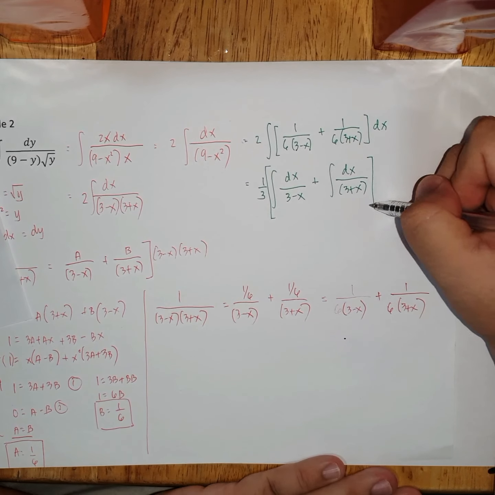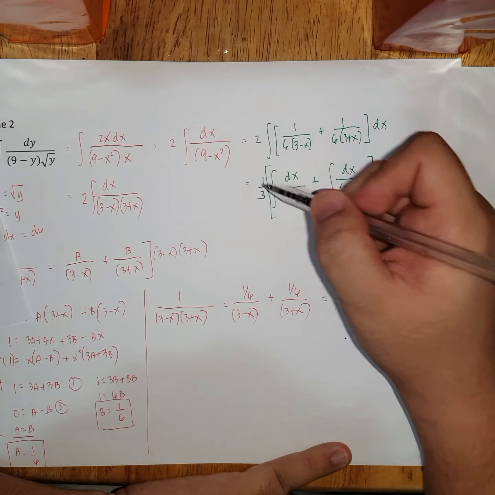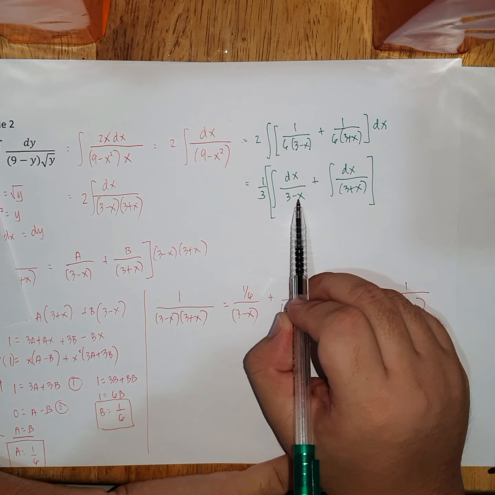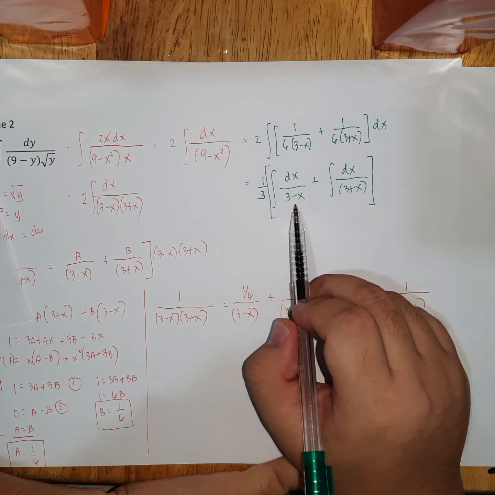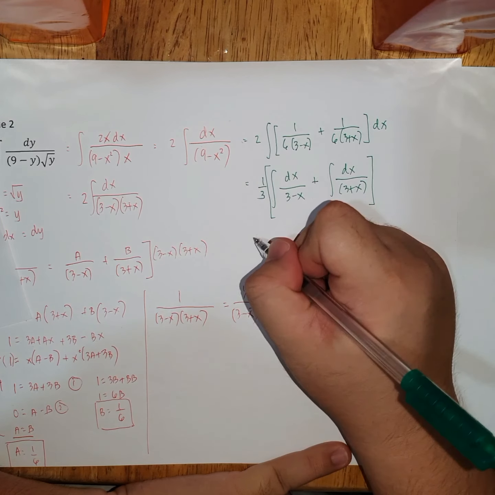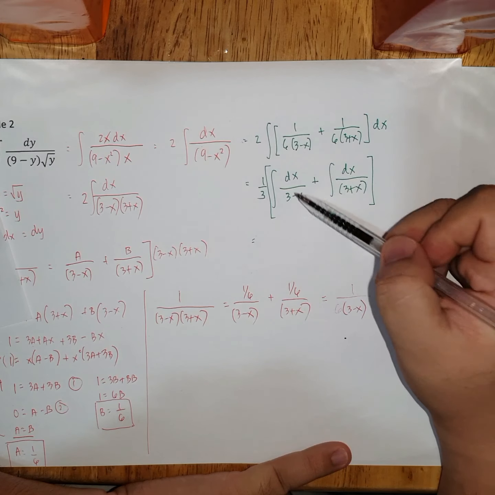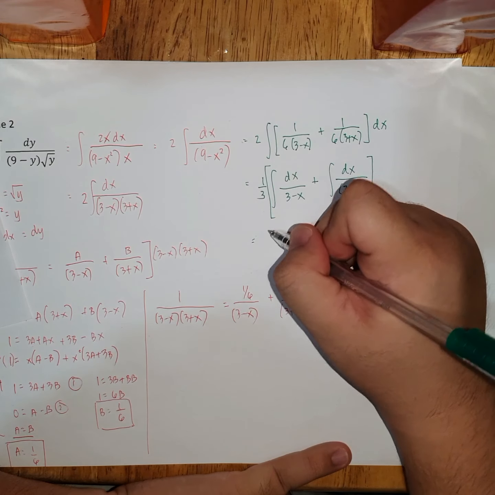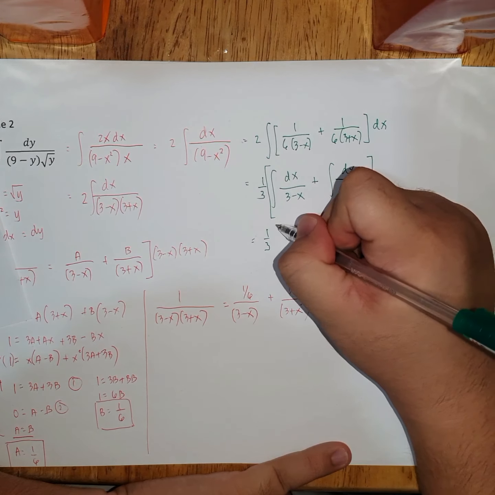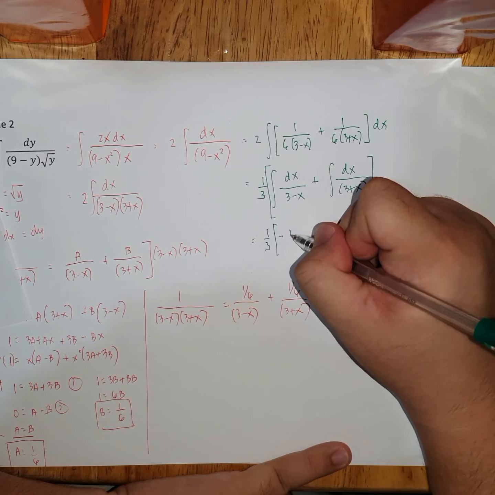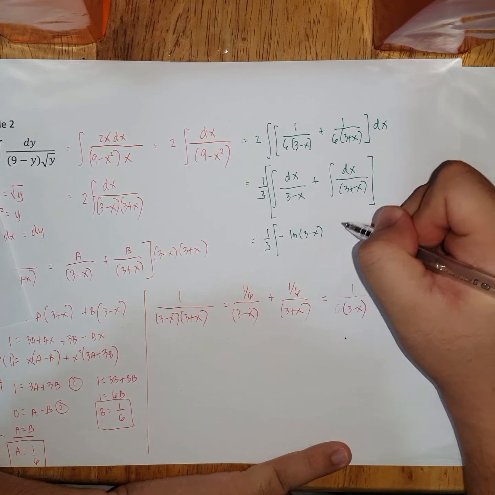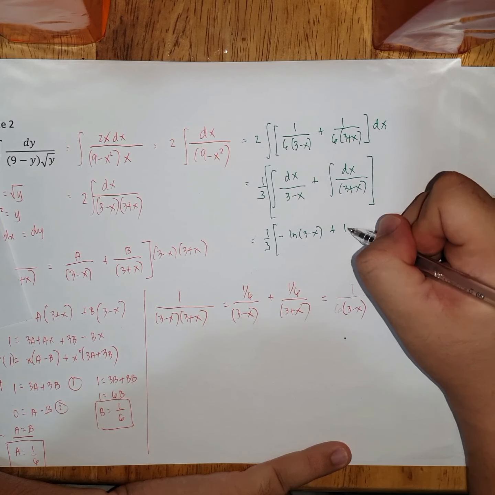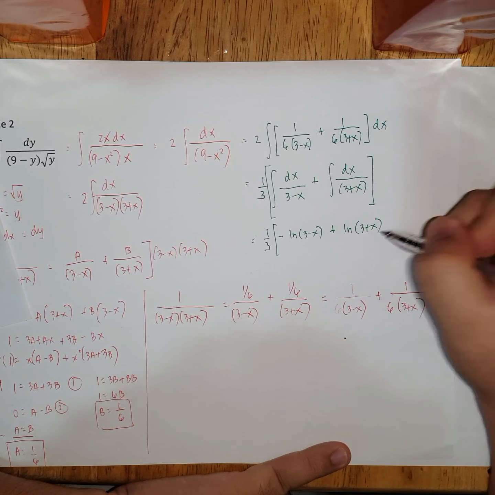Now let's integrate. If u is negative x, we need negative dx, so we introduce a negative number. So 1/3 times negative ln of 3 minus x.